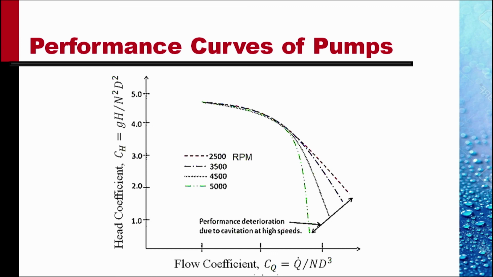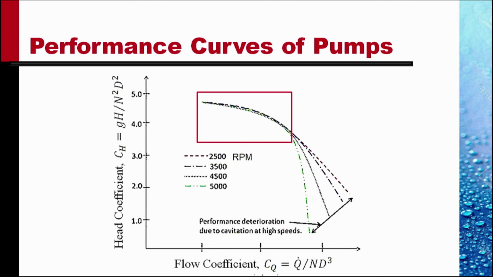So there is only one dependent parameter and one independent parameter, so we can get one graph. For a pump, if we plot the head coefficient CH against the flow coefficient CQ dot, we get one single curve at all RPMs.